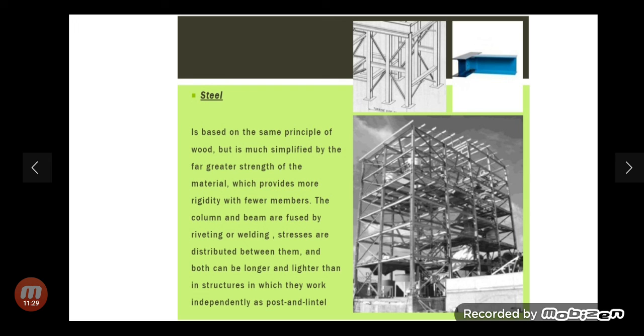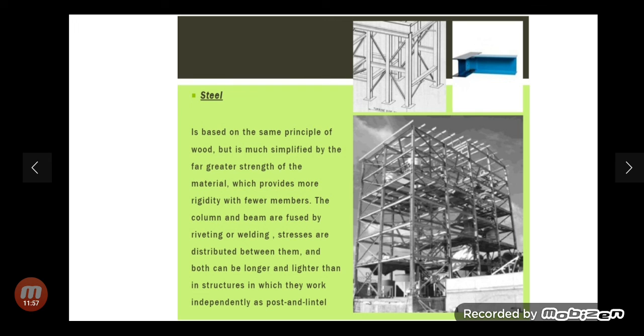So I sections, channel sections, like that. A lot of I sections are available in the market. Based on the type of building and purpose of the building, we can choose different sections, which are already available as precast units in our market.